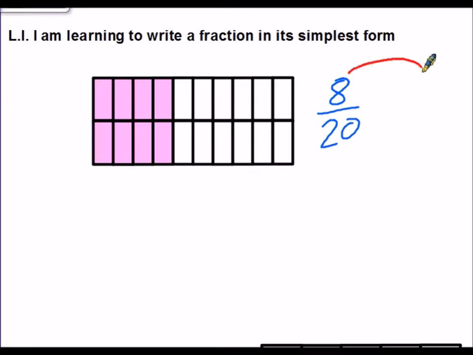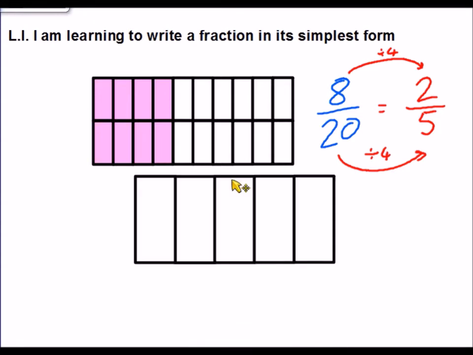I've got 8, and I'm going to divide it by 4 this time. How many 4s are in 8? Well, 2 of them. I'm going to take 20, and I'm going to divide it by 4. How many 4s are in 20? 5 of them. And so straight away here, I've got to the simplest possible answer.